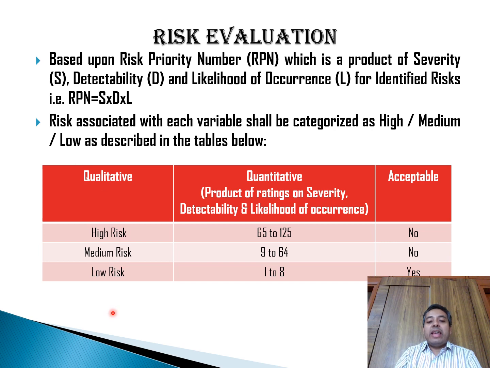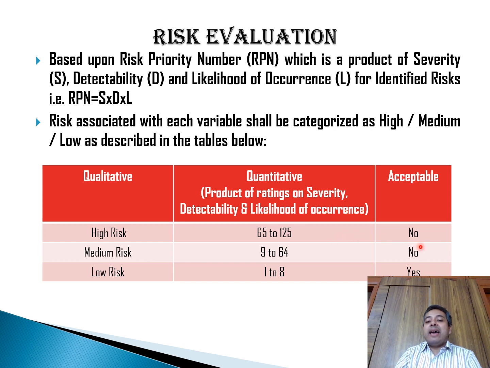Okay, according to this table, the risks which were categorized as low risk can be given a score of 1 to 8 depending upon multiplication of scores given to severity, detectability, and likelihood of occurrence of risks, and the risks can be accepted. If the score for risk priority number is in between 9 to 64, then the risk can be categorized as medium risk.